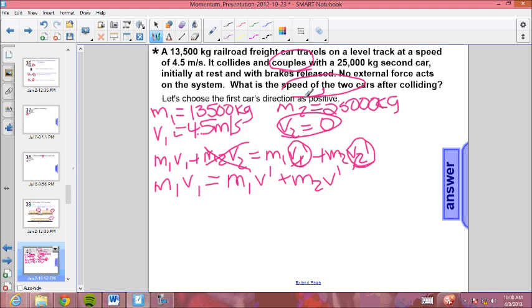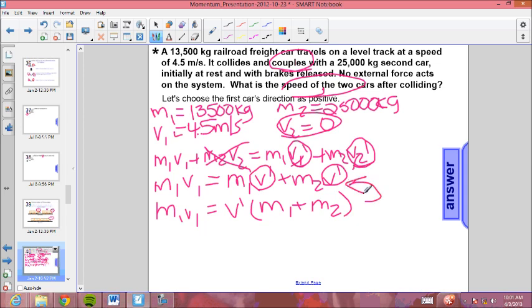But what we can do is the opposite of distributive property, which would give us m1 v1 equals, we take the v prime out of both of these. So now we've got v prime times m1 plus m2. And we know if we multiplied that v prime out, we would go back to how it's written here.